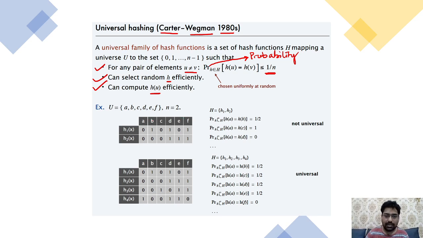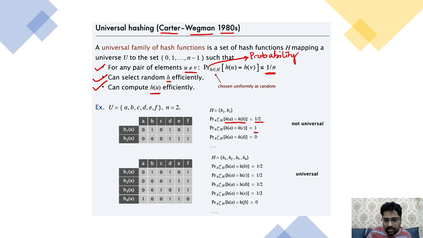As for the example, if a, b, c, d, like there are 6 different elements, but n is 2, meaning slots available are 2. So in this case, the probability of h of a and h of b colliding should be at most 1 by 2.